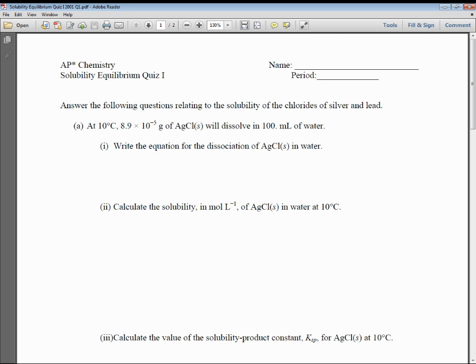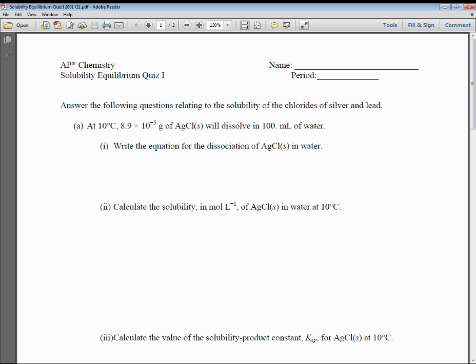What X, Ms. Matney? The X in my ice chart. So if I go back up here, zero, zero, minus X, the amount that will dissolve in moles per liter, plus X. X is the amount that will dissolve, but it's also the amount of each of your ions. Yes?